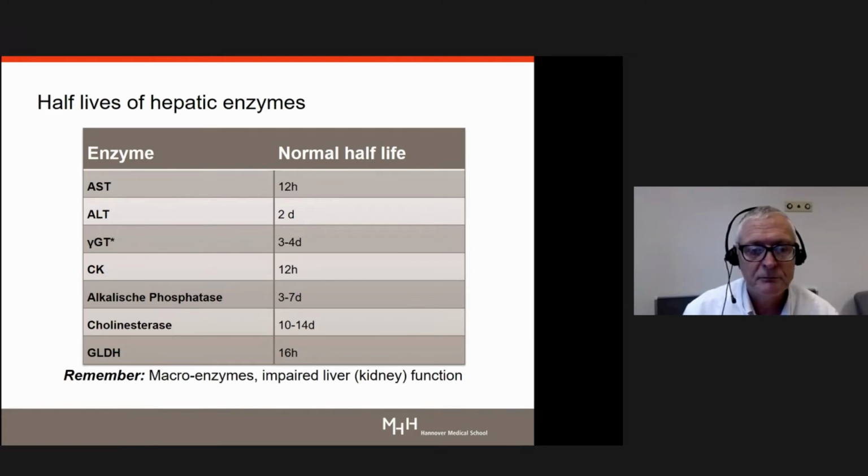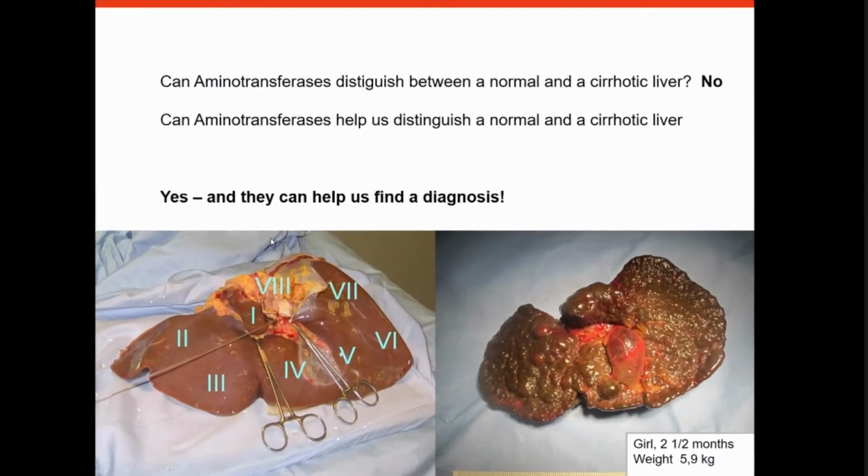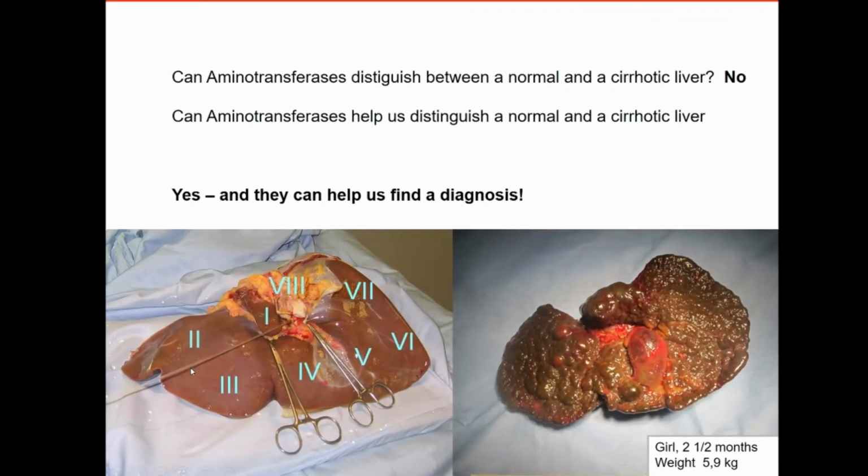Now, what we really want to know is, can these transaminases help us distinguish this lovely, healthy liver, which is a donor organ, from this cirrhotic end-stage liver disease? The way I ask, I think it's clear: no, you cannot.